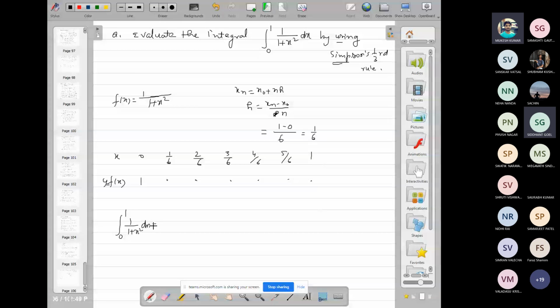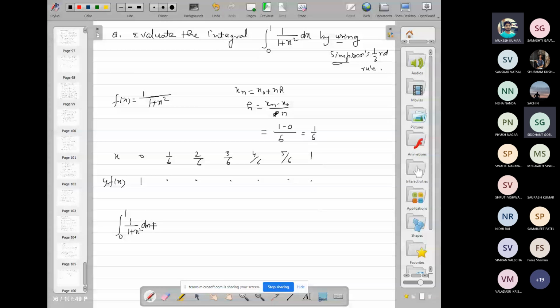Now substitute the values. H is 1 by 6, and this is y0, y1, y2, y3, y4, y5, y6. Calculate the value and substitute here, then obtain the value of the integral. Solve it. So this is the value of the integral.